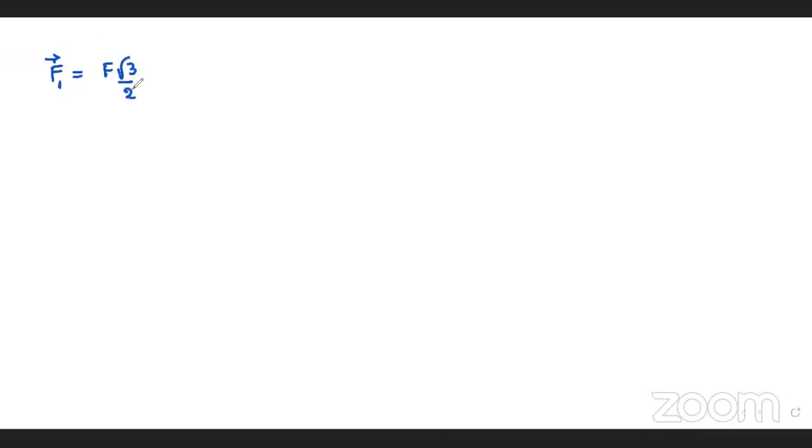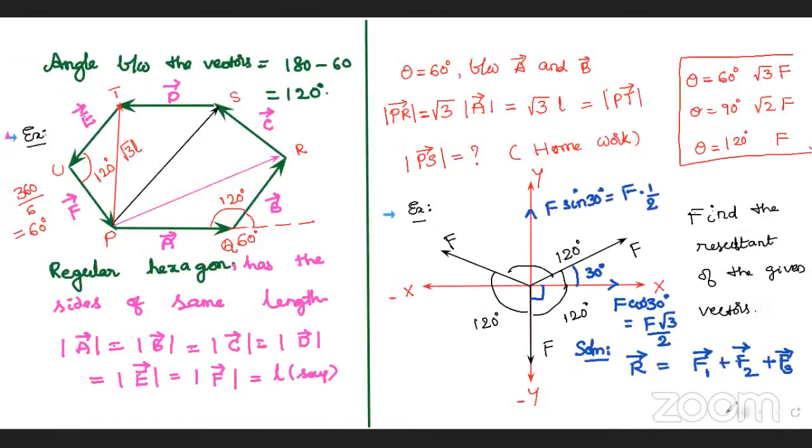This is along the positive x-axis, plus I cap. And look at the second component, that is f times 1 by 2, that is f by 2. Here I write the second component and it is along positive y-axis. So plus j cap I write.